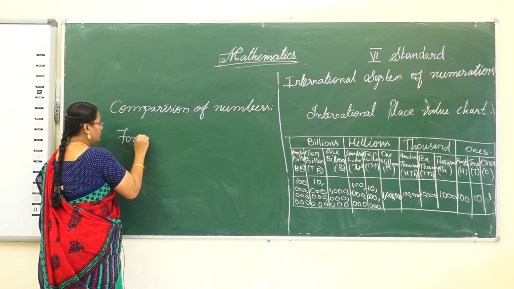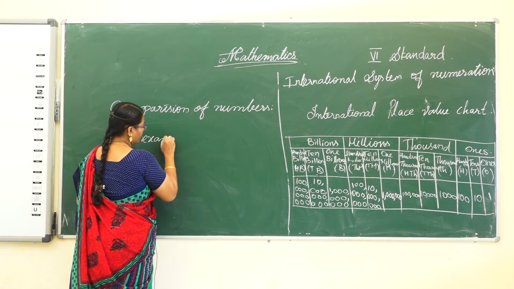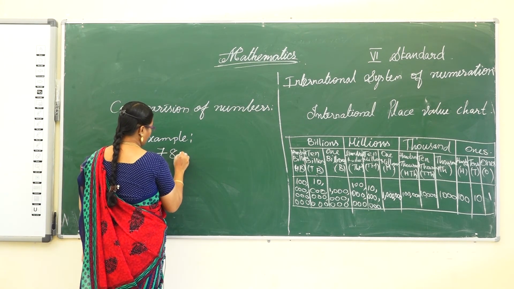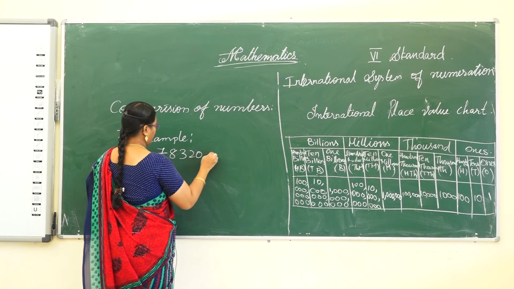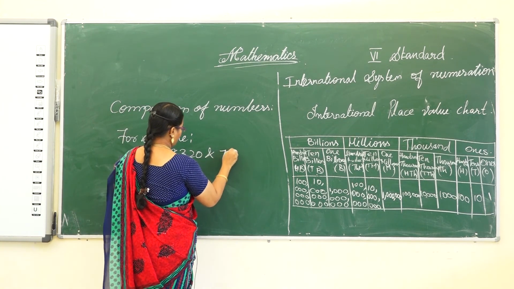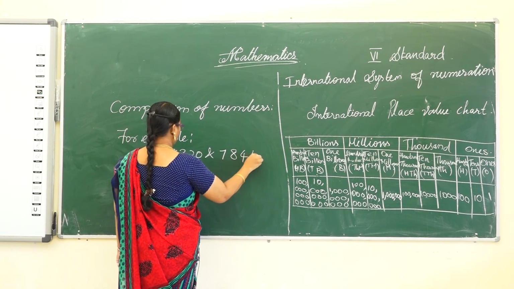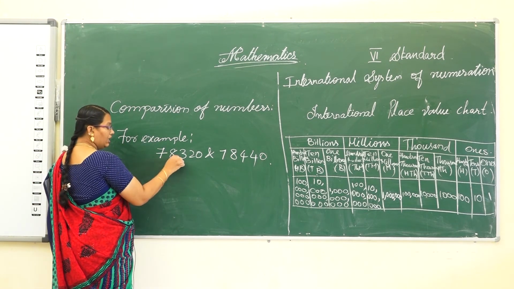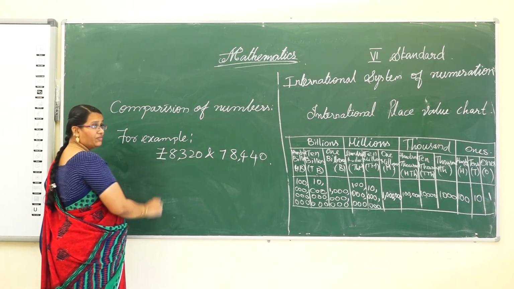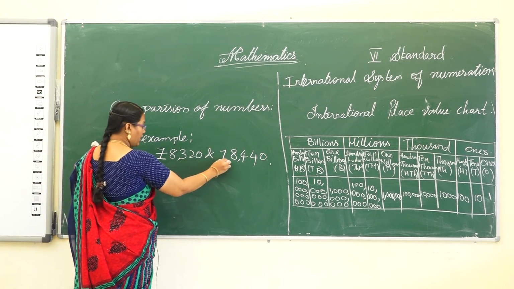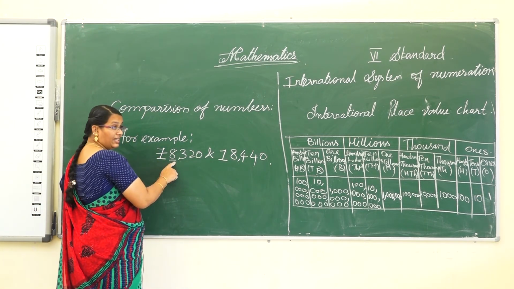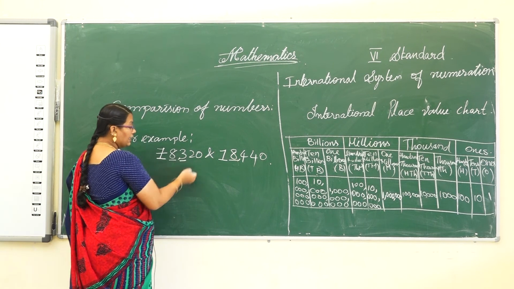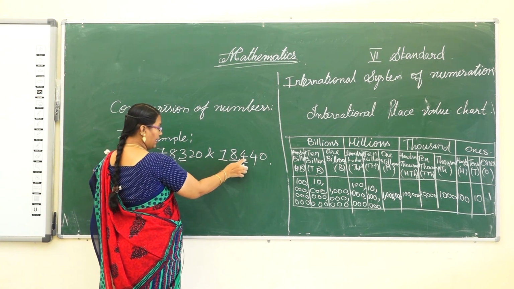For example, compare these two values. What do we do? First verify the first digit on the left side; both have the same. So move to the second digit on the left, and that is also the same for both numbers. And the third one, here 3, here 4. So that is the greatest one.